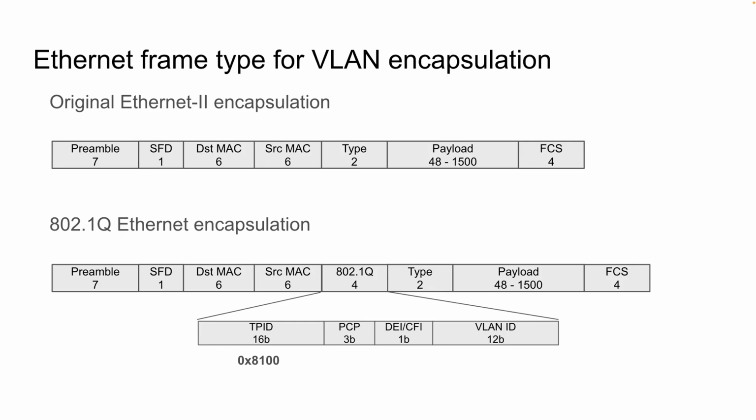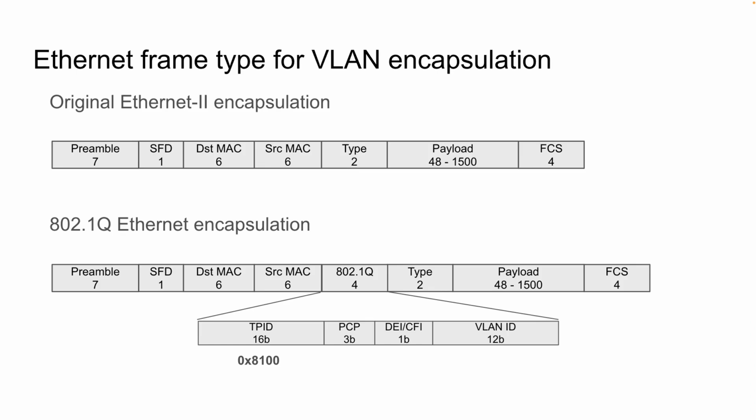So, provided this field contains 8100 hexadecimal, the next 3 bits are the priority code point, which encodes layer 2 quality of service marking, which is used in case you implement quality of service in your network, and in case of congestion, different classes of your traffic marked with different values of PCP can be serviced differently.